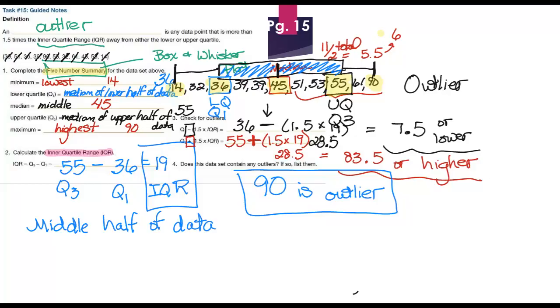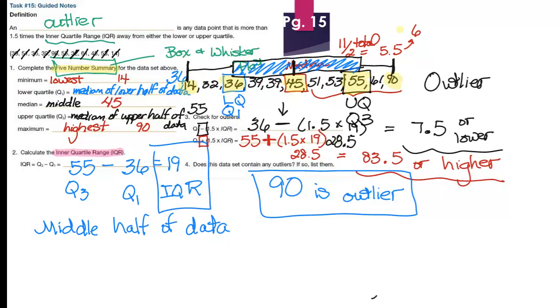Okay? Let's say everybody in here gets a 40 on the test. 40%. But Damari, he got a 90.